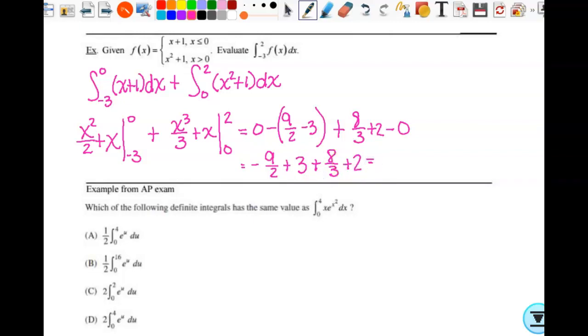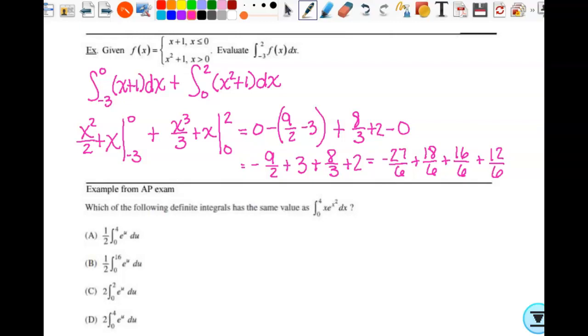That's a safe stop. But if this was multiple choice, we'd have to get a common denominator. What's our common denominator? 6, yeah. So 6, which means I'd multiply this by 3, so I'd have -27 over 6 plus 18 over 6 plus 16 over 6 plus 12 over 6.